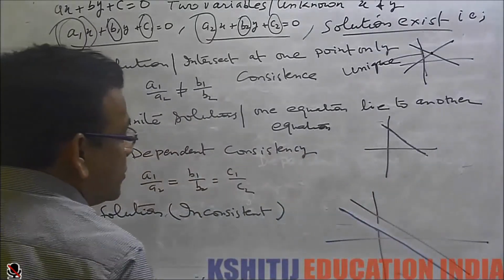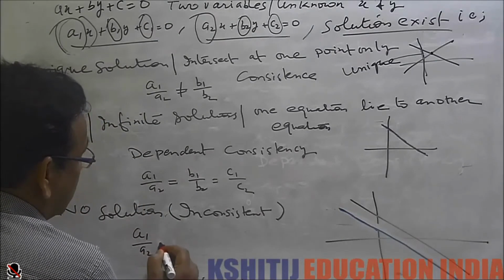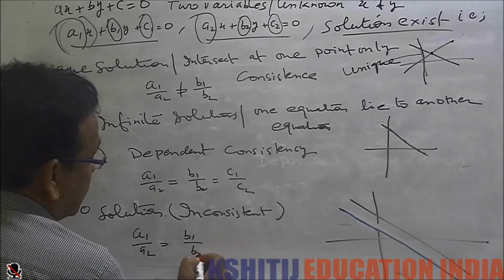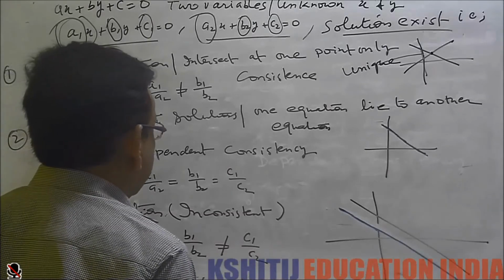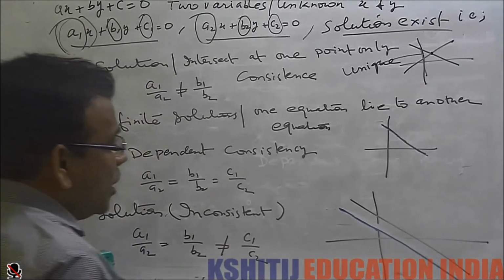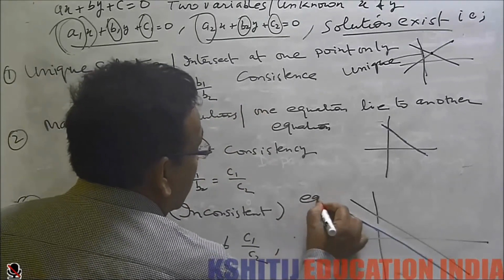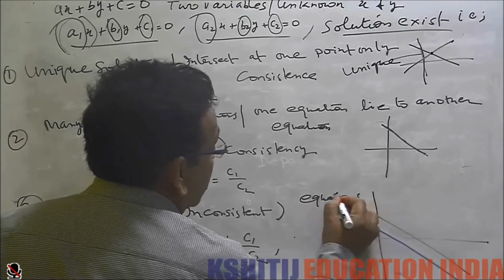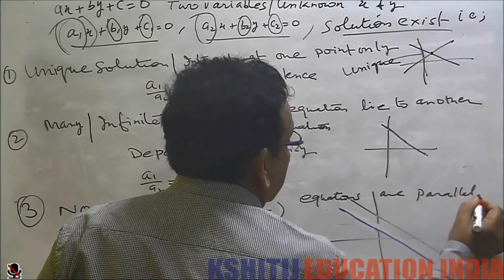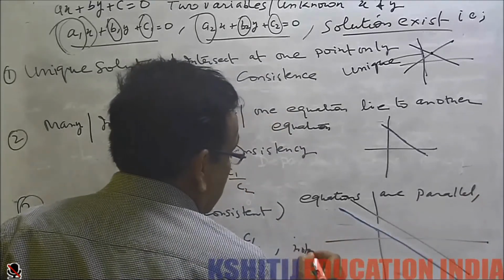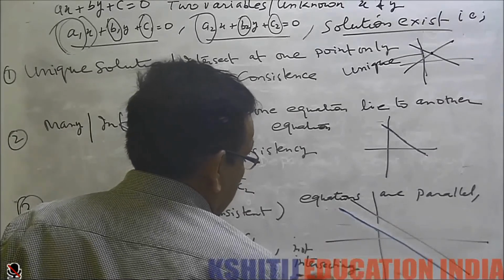Inconsistent: a1 over a2 is equal to b1 over b2 but not equal to c1 over c2. Inconsistent, the equations are parallel; on the graph the equations are parallel, not intersecting each other.